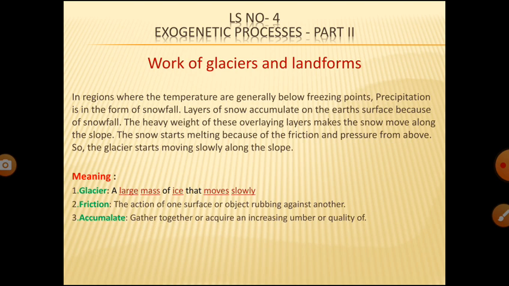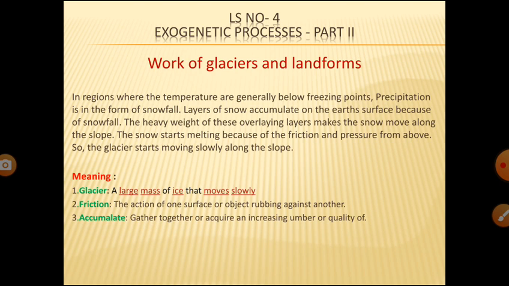Layers of snow accumulate on the Earth's surface because of snowfall. The heavy weight of these overlying layers makes the snow move along the slope.